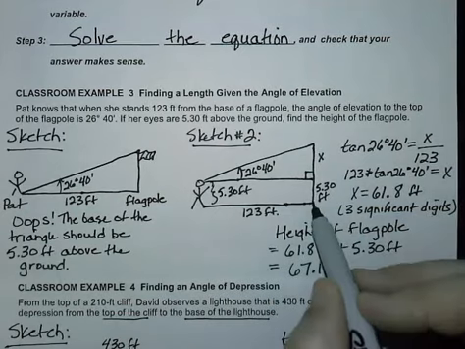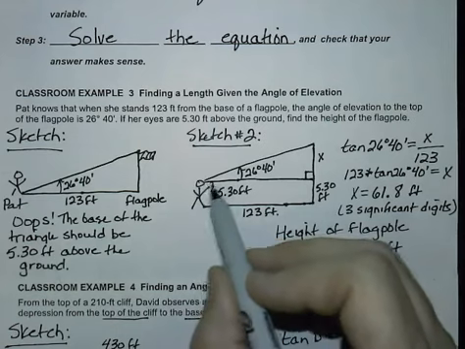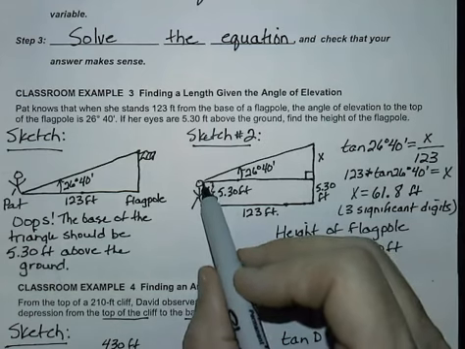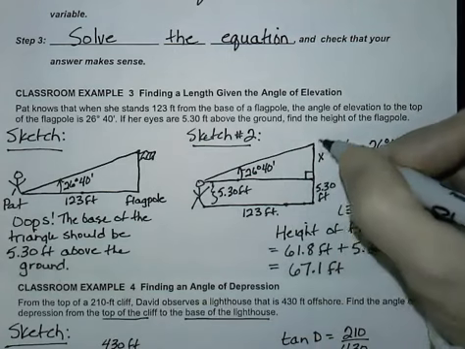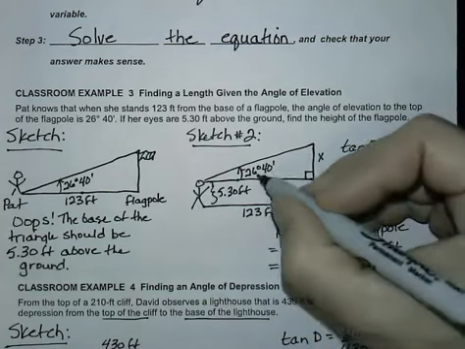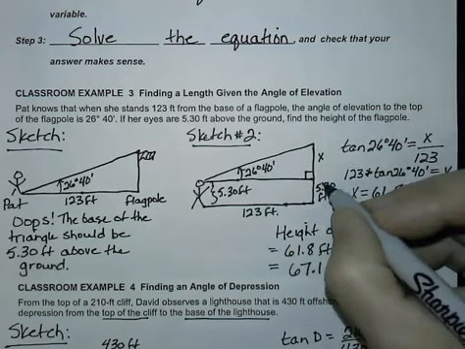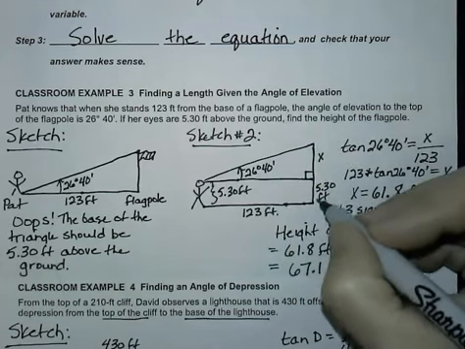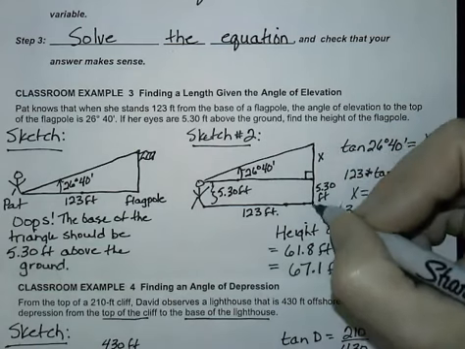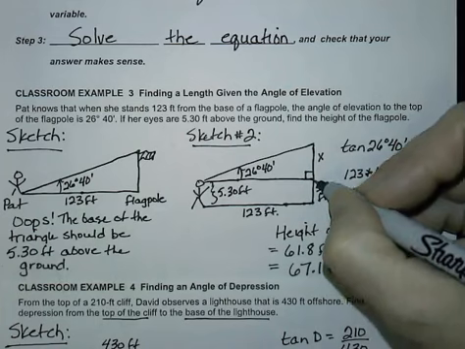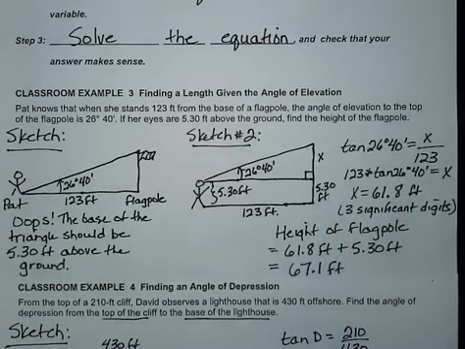Now I've got still the same distance from her to the flagpole, but my triangle is starting up here at 5.3 feet above the ground. The angle of elevation from there to the top of the flagpole is the 26 degrees 40 minutes. Now what this adds in is a little bit of complication, because the height of the flagpole is going to be this 5.3 feet plus whatever I find for this distance here that I've labeled x.